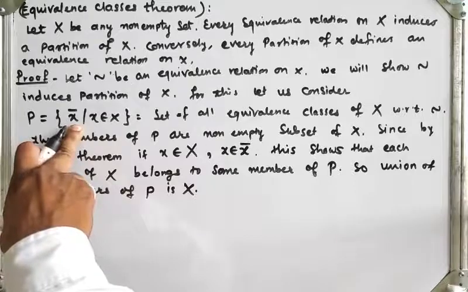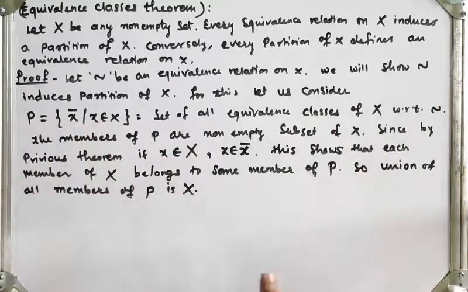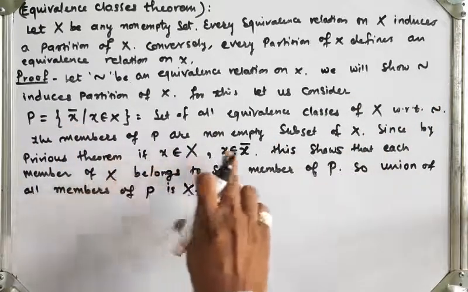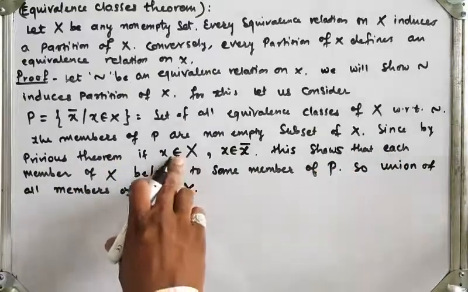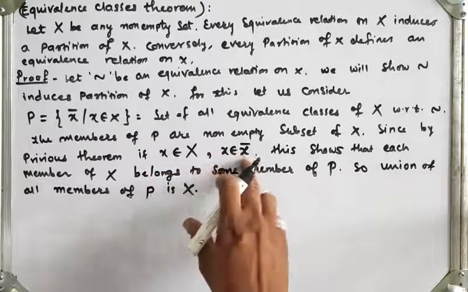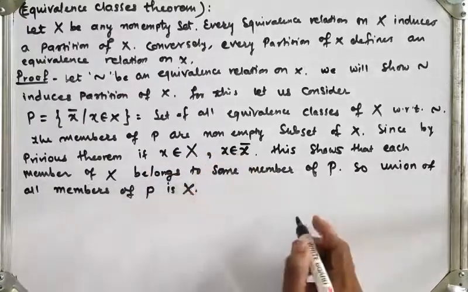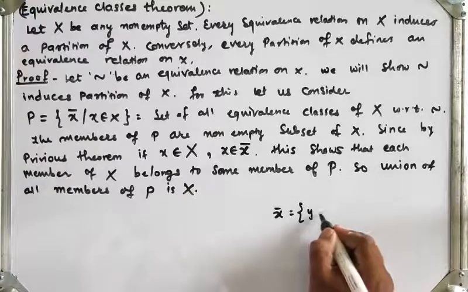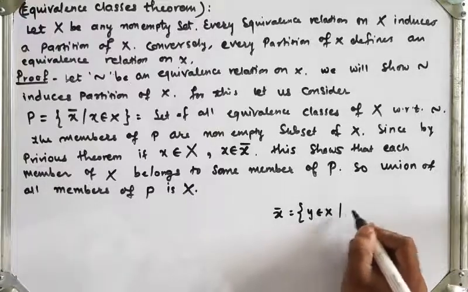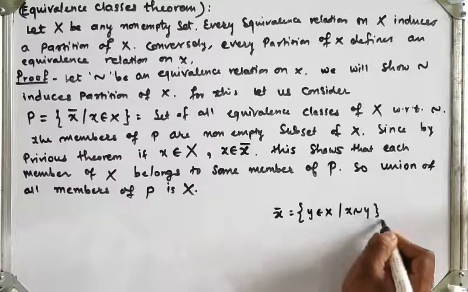So here we have defined the set P of x bar, which is the set of all equivalence classes of X with respect to the relation tilde, and the members of P are non-empty subsets of X. By the previous theorem, if x belongs to X, then x must be a member of its equivalence class, because the definition of the equivalence class x bar is the set of all those y belonging to X such that x is equivalent to y.